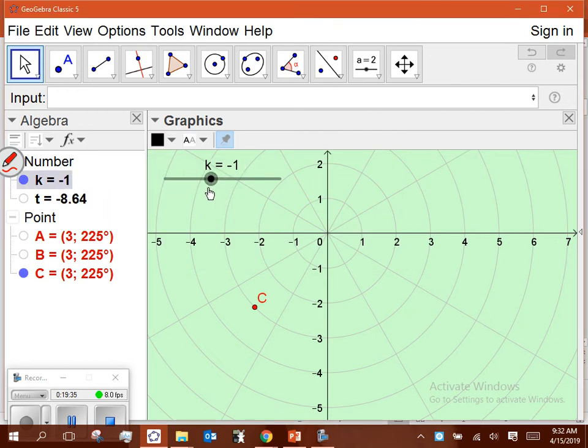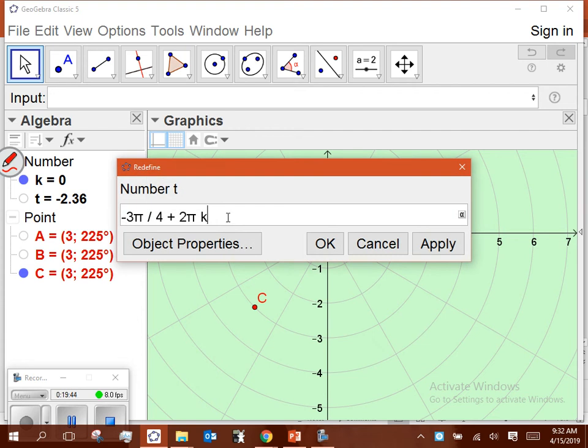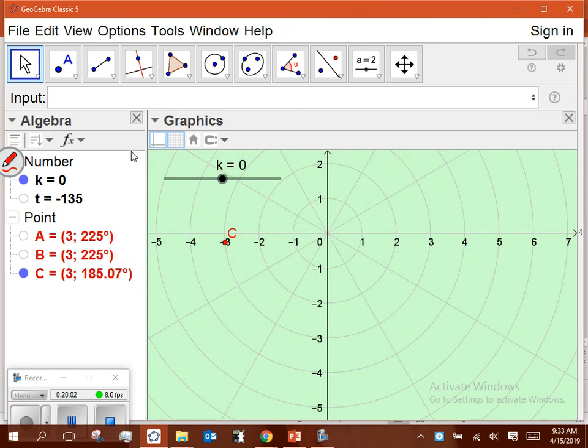Okay. So this is radians. This is 3, and then negative 2.36 radians. So maybe I can do this. Maybe we can do it. Take that, and then multiply it by 180 over pi. So there we see, so now, well, that's messed up.